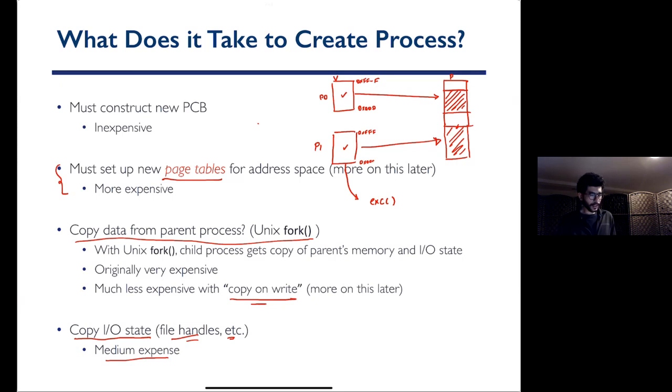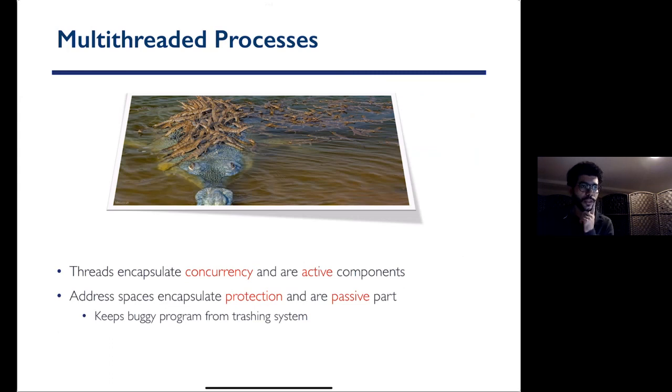Okay, let me see if I can answer some of the questions that were asked. So could you explain what do you mean by statically and dynamically allocated PCBs? Right, so let's say you're writing an operating system for a satellite.